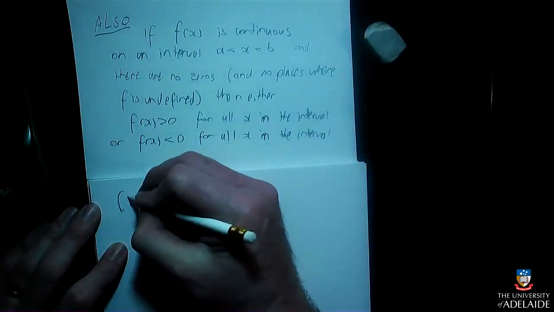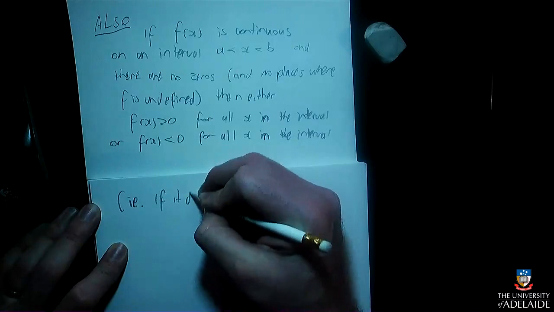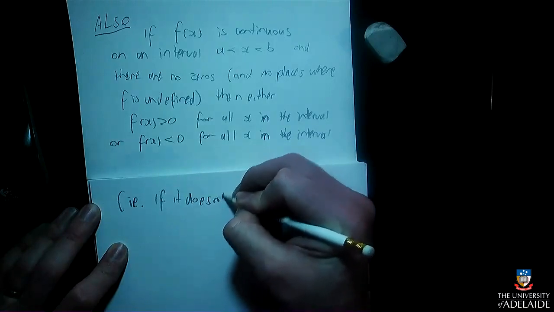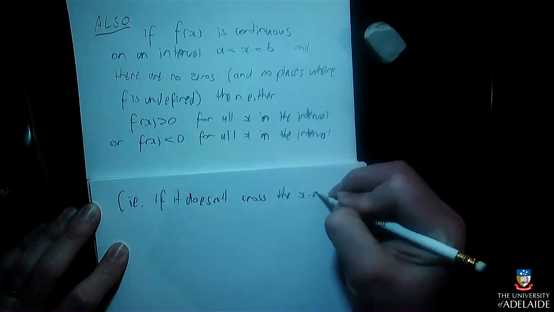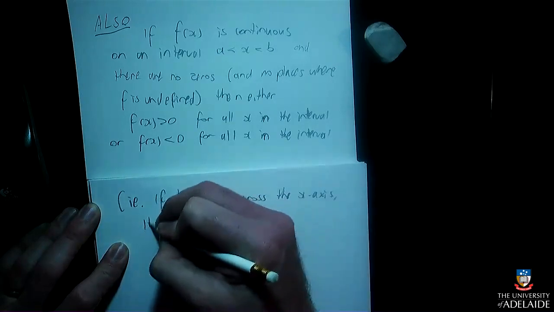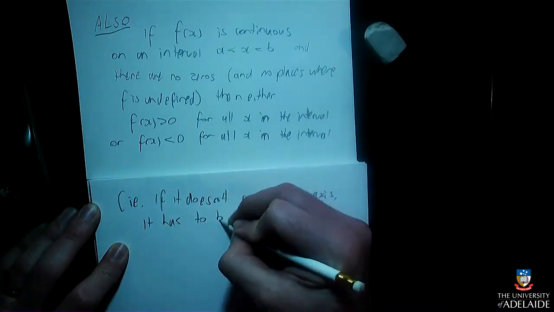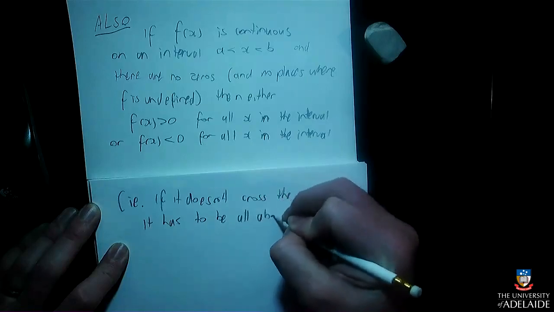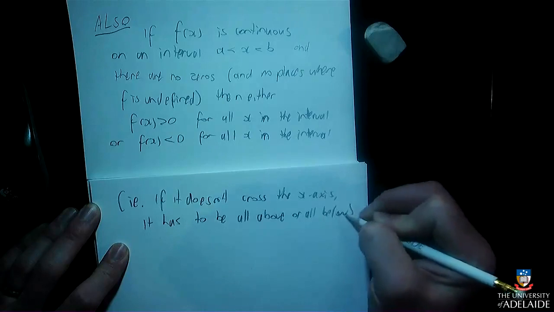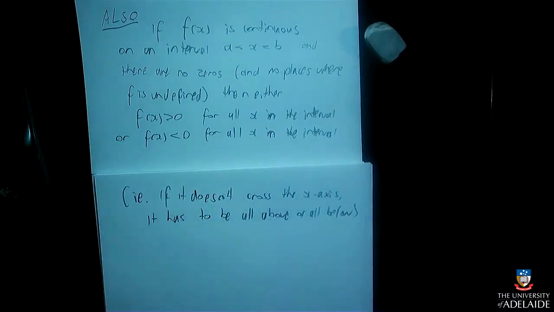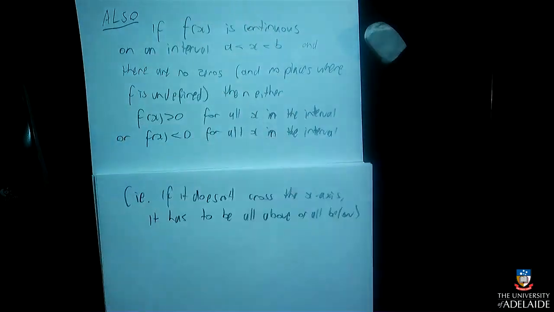So if you like, i.e., it doesn't cross the x-axis, it has to be all above or all below. But again, I'm making a point that I can use mathematical features to tell me about graphical features, and the theorems and the definitions.